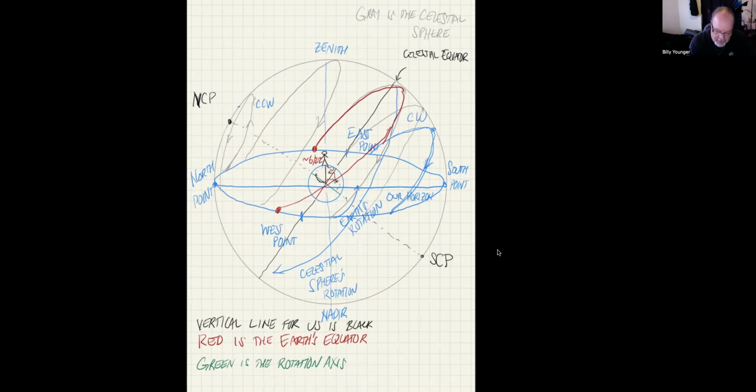But you can see, obviously, on that type of path, which appears to be an orbit anyways, it's going to be up for a really long time. Whereas if it's south of east, say right here, it's actually going to go up and then come back south of west. And of course, it's not in the sky nearly as long. So that helps us understand why the days are so short in the winter.